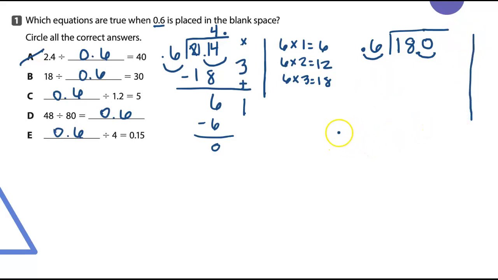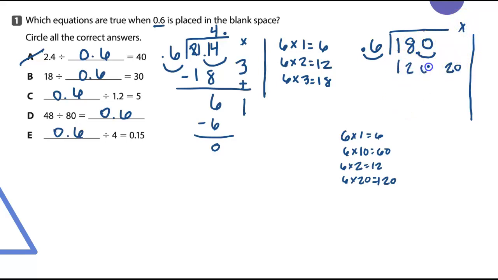So I know that 6 times 1 is 6, then 6 times 10 is 60. 6 times 2 is 12, so 6 times 20 is 120. Well, that looks pretty close, so I'm going to use that. I'm going to say 6 times 20 is 120 and subtract. 8 minus 2 is 6. 1 minus 1 is nothing.